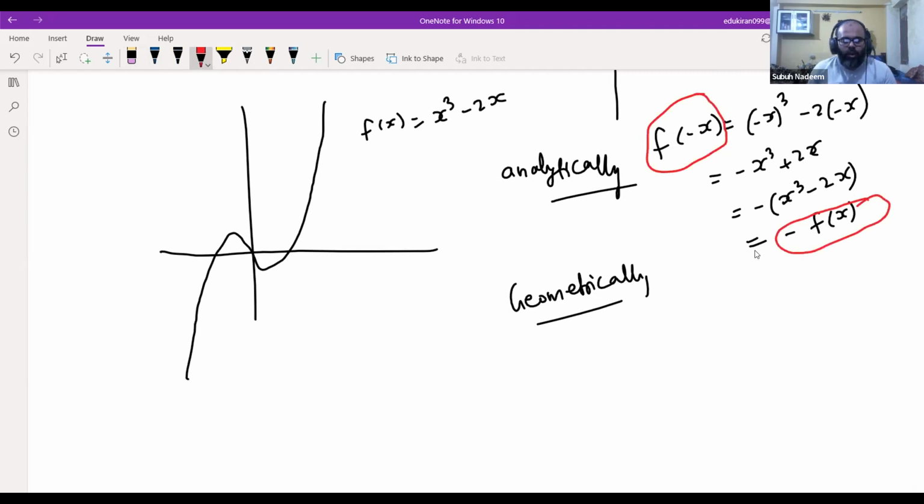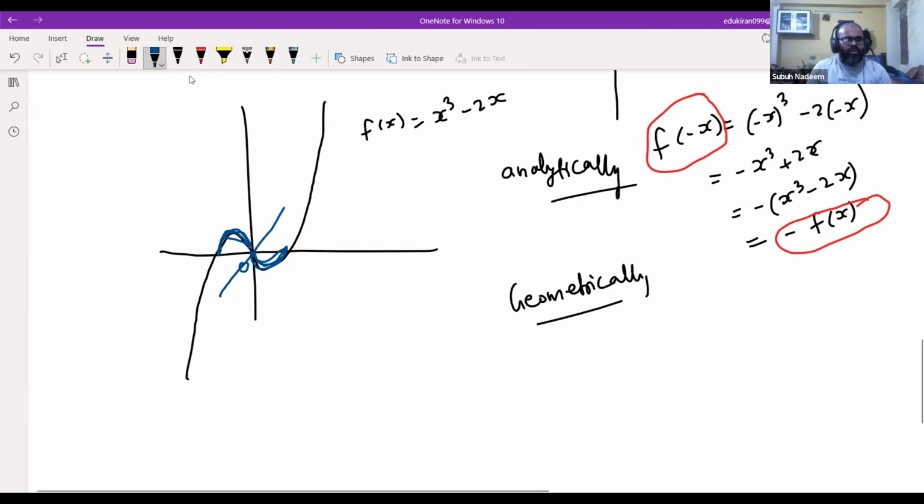Now, if you talk about whether geometrically it is an odd function or not, you can see that this is the origin. And is this a mirror image? So this portion is in the second quadrant and this portion is in the fourth quadrant. They are mirror images like this, about this line.